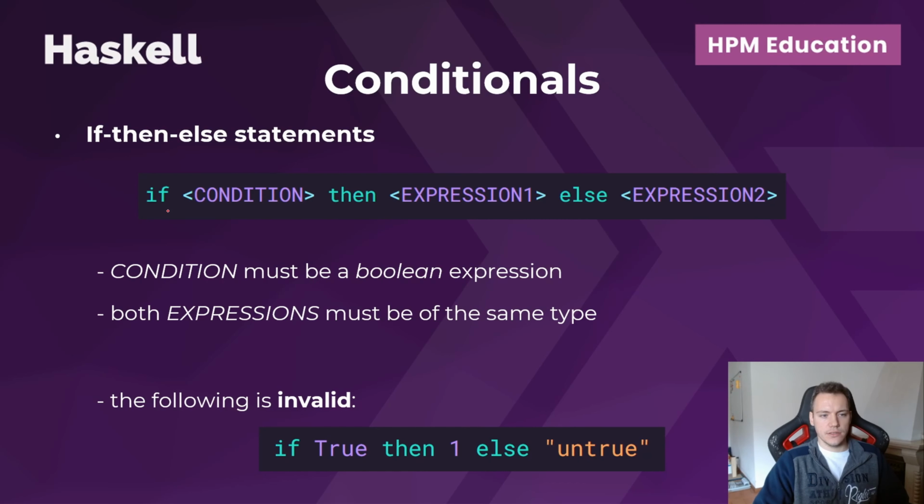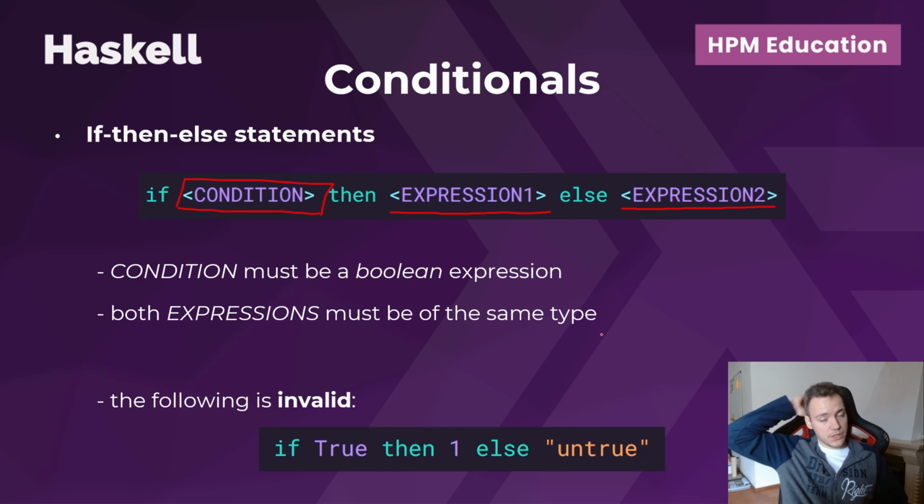The syntax is if a condition is satisfied, then evaluate expression 1, else evaluate expression 2. So condition must always be a boolean. It must always return either true or false for this to work. And both expressions must be of the same type. As you know, Haskell is very serious about types, so it cannot happen that if a condition is true, we'll use a string here, and if it's false, we'll use a number.